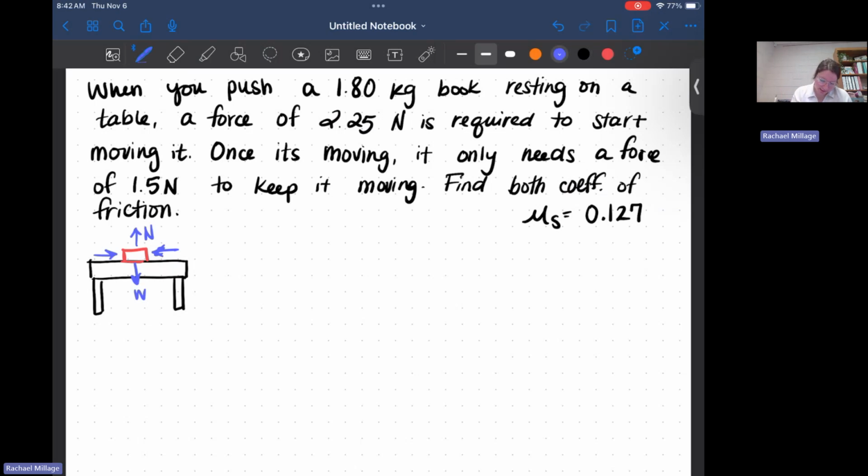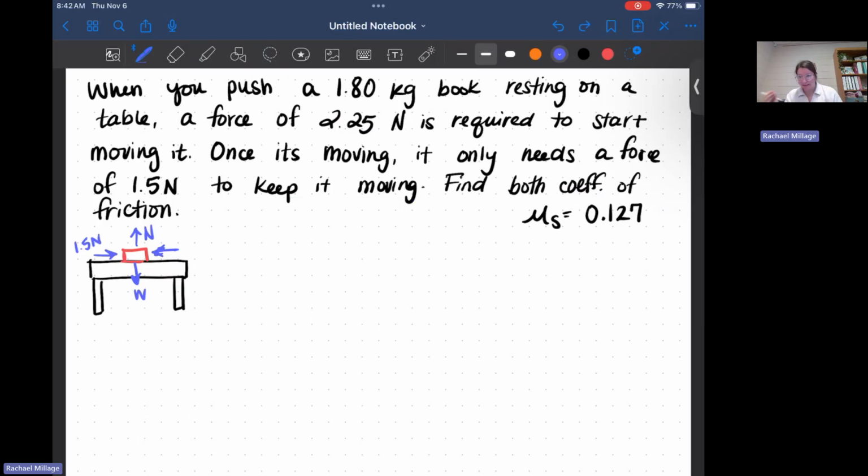But the difference here is now I have a 1.5 Newton force. And if I think about the way that the problem is phrased, it says the book is moving with a constant speed, okay? That's the assumption that we're going to make, is that when it says keep it moving, it's moving at a constant speed.